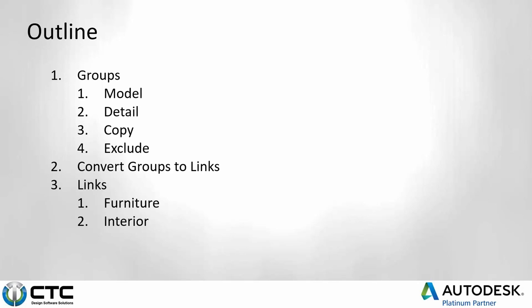So what we're going to cover, here's the outline, is we're going to cover groups first and talk about some of the processes and things that you might run into with groups, creating the different types of groups for the model versus detail, and also the attached details, copying and monitoring or copying the groups around and editing the groups, and then excluding elements.